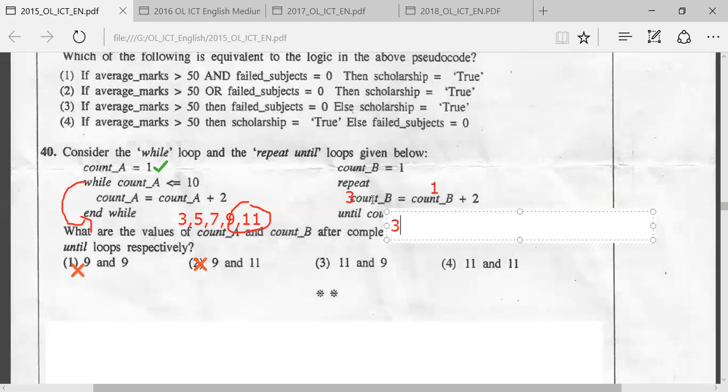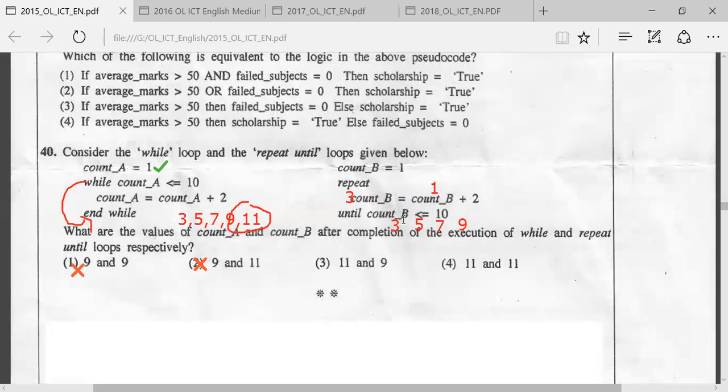Now the value is 3. 3 less than or equal to 10, so it will go back. 3 plus 2, 5, it will go back. 5 plus 2, 7, it will go back. 7 plus 2, 9, it will go back. 9 plus 2, 11.